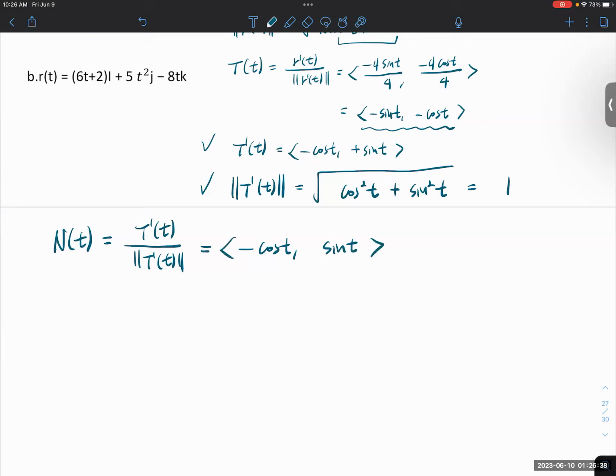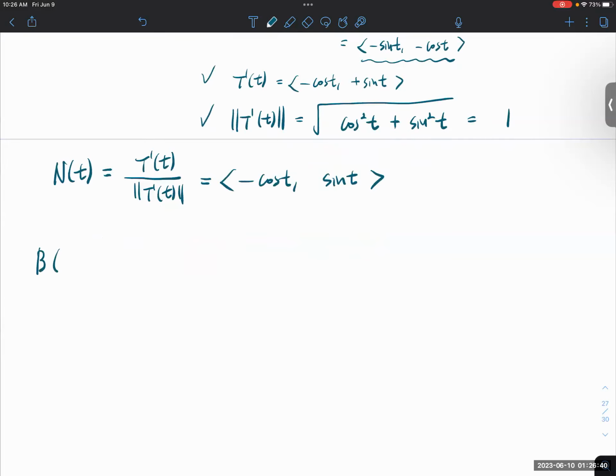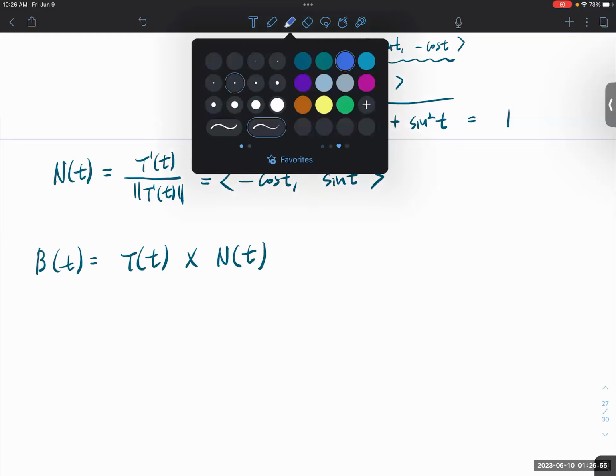Am I correct? Now you can find the binormal vector, which is a cross product, the unit tangent vector times the unit normal vector. Here, I just want to emphasize something. Can we do the cross product?